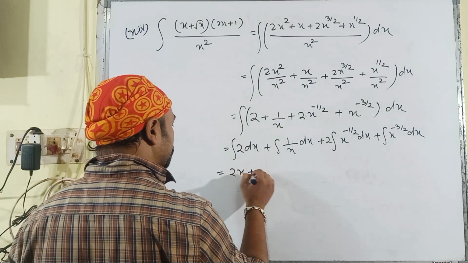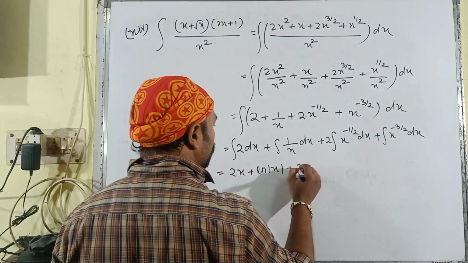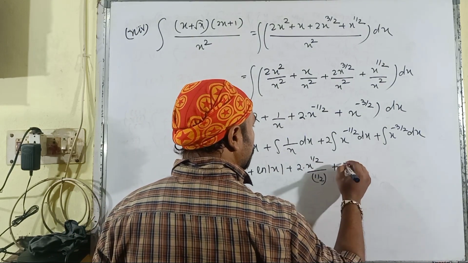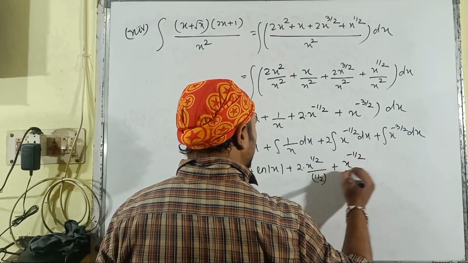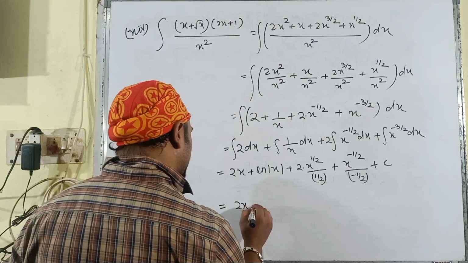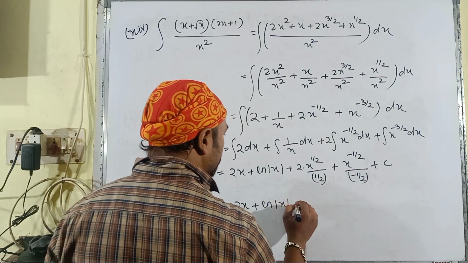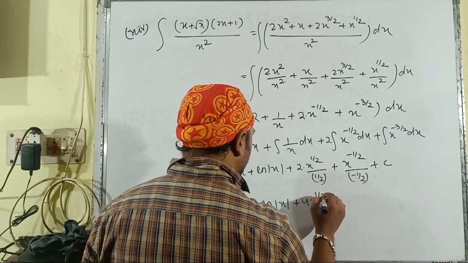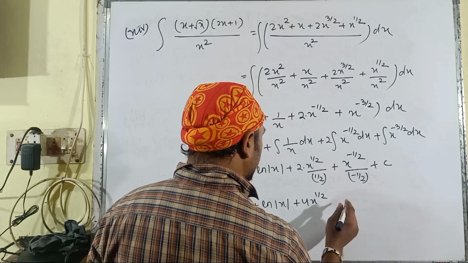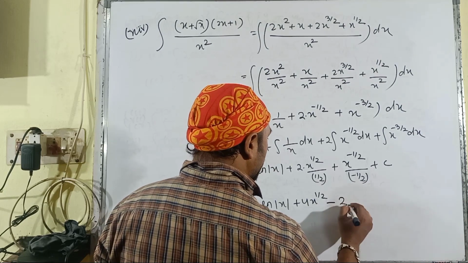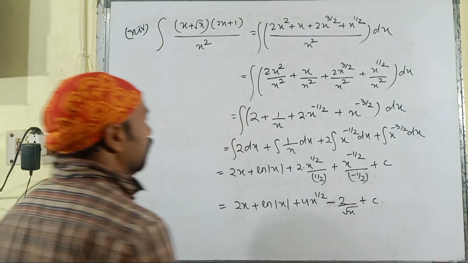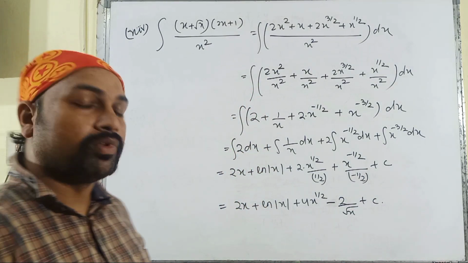Then it is 2x plus ln modulus of x plus 2 multiplied with x to the power 1 by 2 divided by 1 by 2 plus x to the power minus 1 by 2 divided by minus 1 by 2 plus any constant c. Then it is 2x plus ln modulus of x, then 4x to the power 1 by 2, minus 2 divided by root x plus any constant c, and this will be the answer for the last part of number 1.